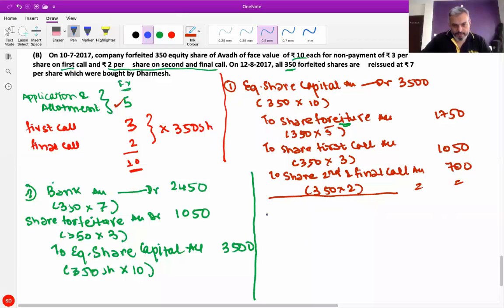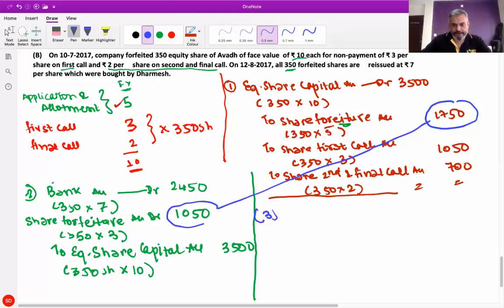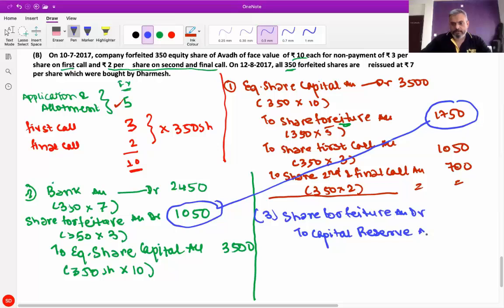Finally, what all amount is there in share forfeiture account? We have to transfer to capital reserve. So over here, we forfeited 350, we reissued 350. So complete reissue ho gaya. So we can directly find the difference, credit minus debit. So share forfeiture account debit to capital reserve account, 700.